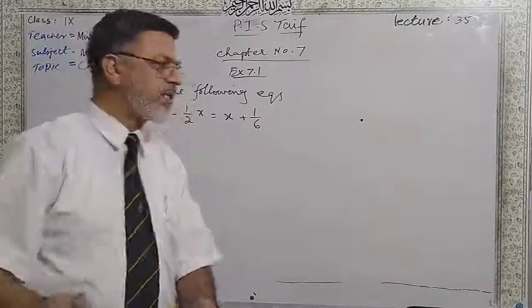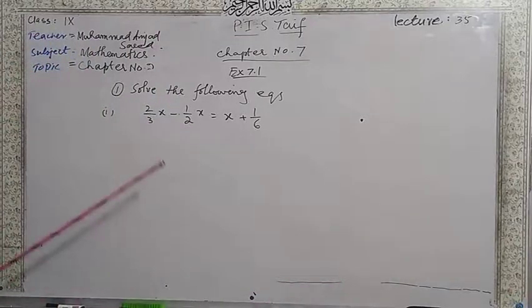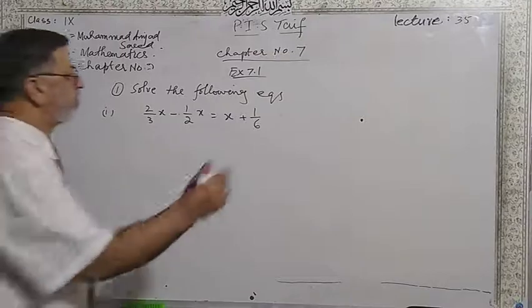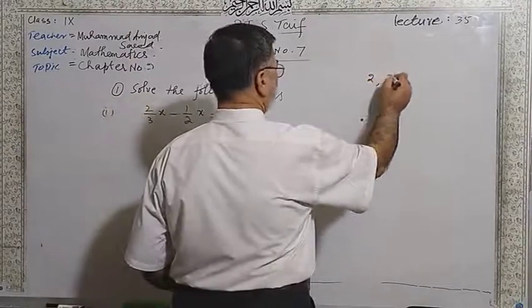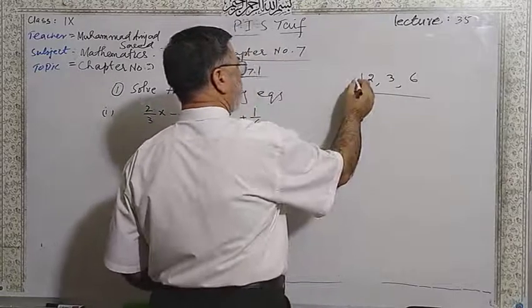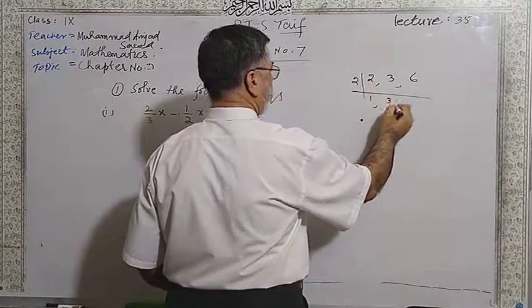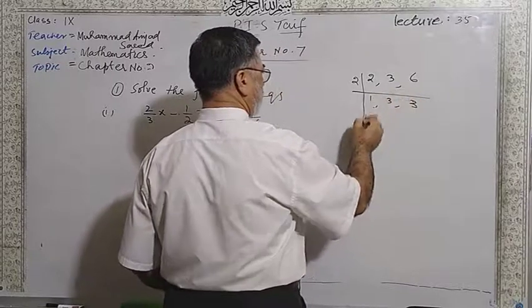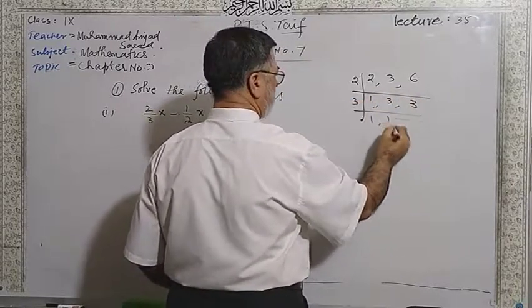Dear students, first of all, you must check the denominators and find their LCM. 2, 3 and 6. Divide by 2, then 2, 1, 3 as it is, and 2, 3 the 6. Then you will take 3.